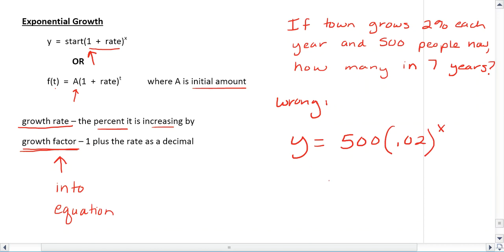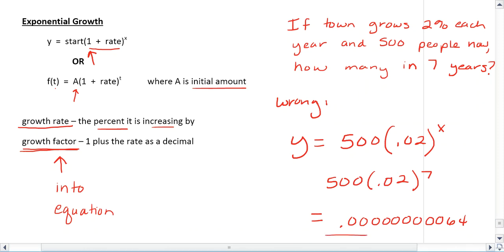If we punched this out in our calculator, if we put the 7 in for years, you would get a ridiculously small number of 0.00 whatever. And that can't be the number of people that are going to be living in this town in 7 years. So the question is, what did we do wrong?